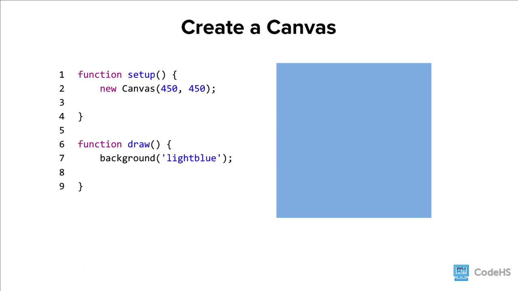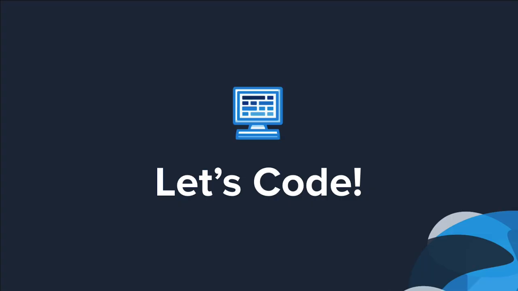One more thing. To make sure each page or frame in our animation is starting blank, we should probably add the clear command right before we add the background color. This just ensures that nothing from the prior frame is lingering around when we don't really want it there. Now that you know how to create a new P5 Play canvas, let's write some code.